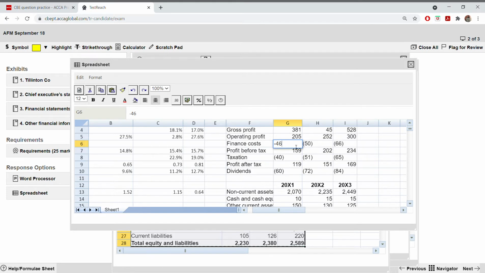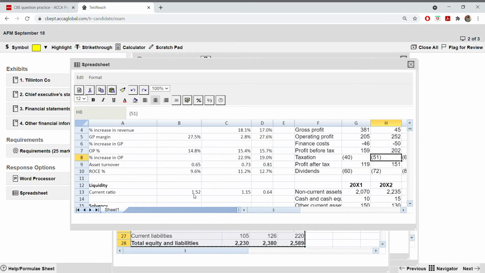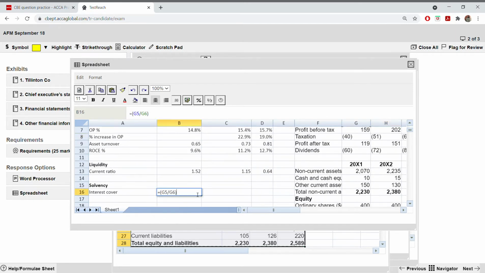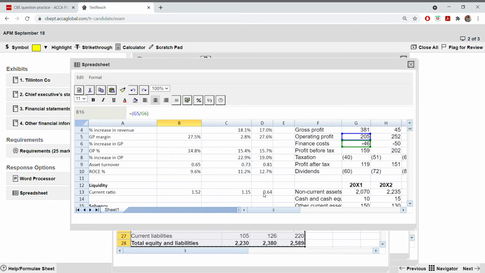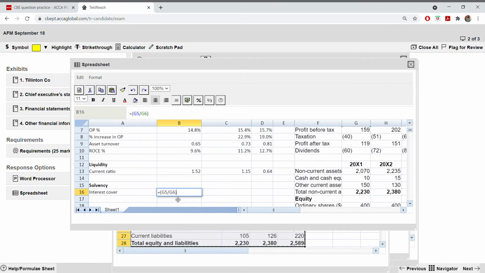So all these things you should know. Now if you see, the interest cover is coming as 4 point, minus 46, but it is supposed to come as 4.5. So we'll change this one.